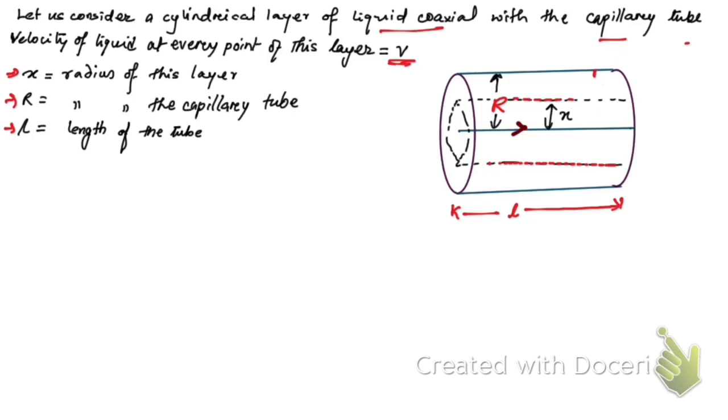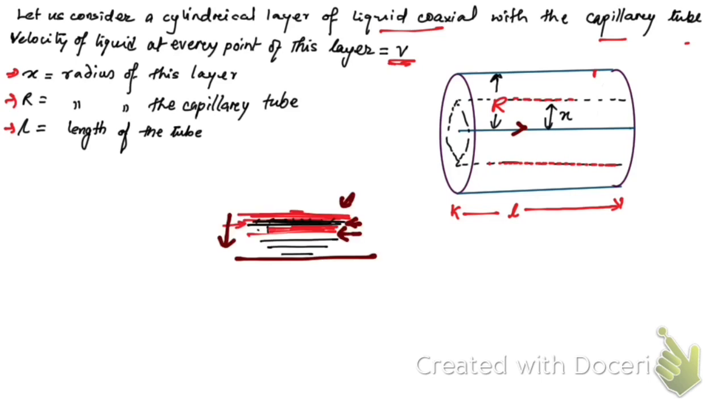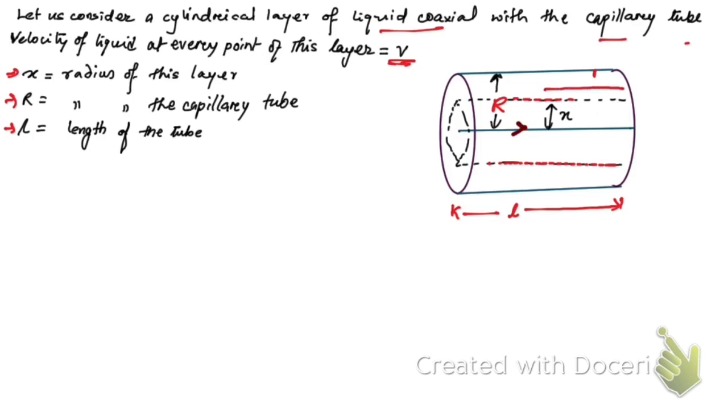And the rate of change of velocity: suppose this is another layer just above this layer, and the difference in radii of these two layers is dx, so x plus dx will be the radius.